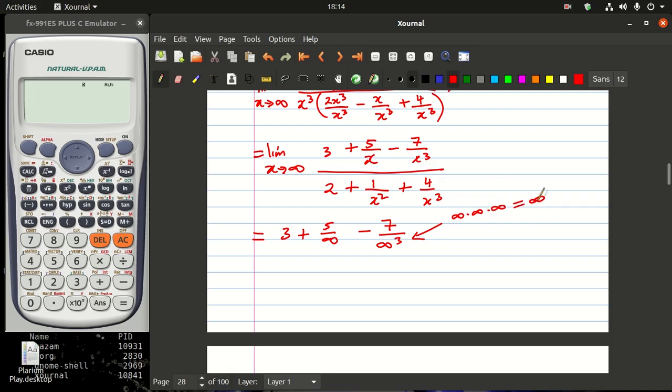So the whole thing is going to be an infinity. And then you divide here, and you have a 2 plus 1 over infinite squared, and we know that infinite squared is just infinite times infinity, which is infinity. And then here we're going to end up having 4 over infinite cubed, which is the same as infinite.